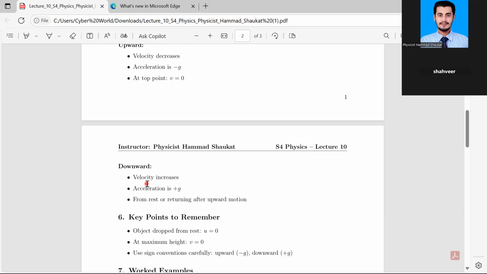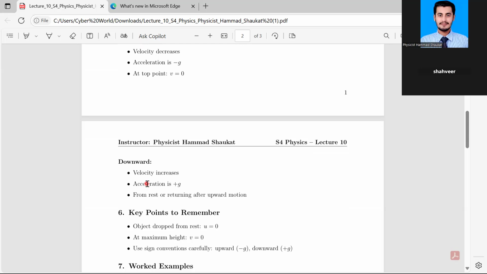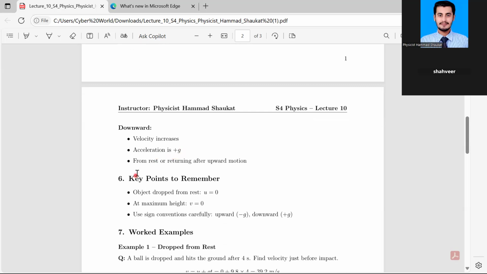In that scenario, would your acceleration be positive or negative? Positive, because your body is moving under the action of gravity. So from rest or returning after upward motion, these tips are for the downward motion.